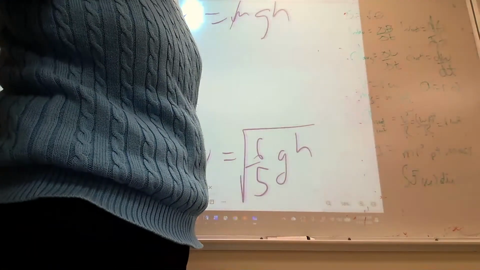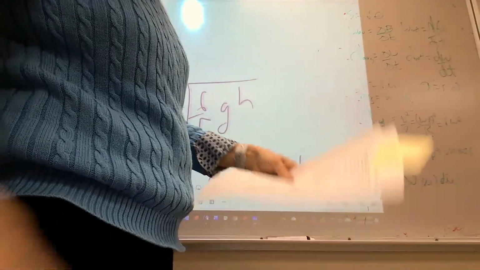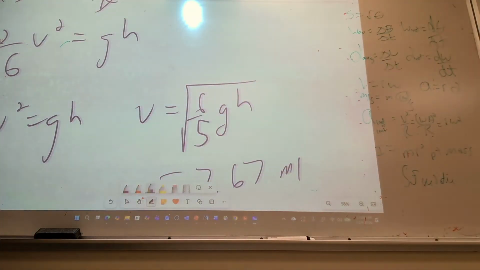Dakota, did you get the v? 7.67. Good. You should get 7.67 meters per second. So now you can get your omega. Your omega is simply the v over r. And then you can get your rotational kinetic energy.